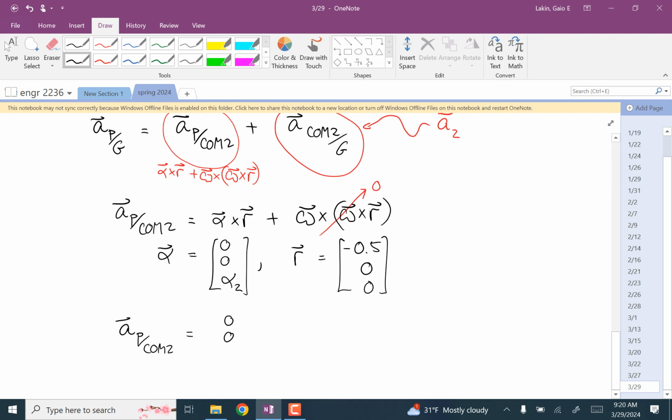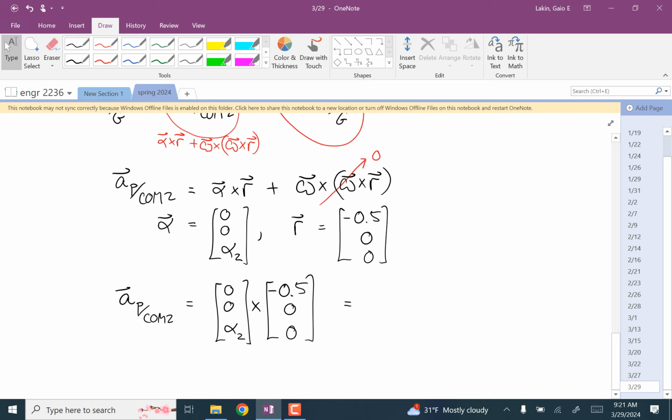So this is 0, 0, alpha 2 crossed with negative 0.5, 0, 0. And you get 0 for x. And for y, you get negative 0.5 alpha 2.